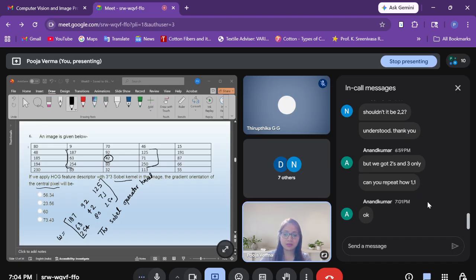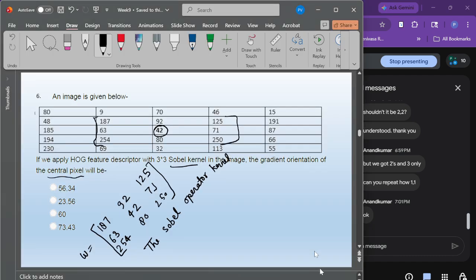Nobody is interested in answering. Okay, so the kernels are: let's say Gx is the horizontal one, minus 1, 0, 1, minus 2, 0, 2, and minus 1, 0, 1.